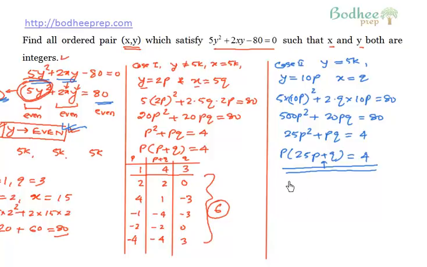Just for clarification, I am writing every value. If I take p here, the value of 25p plus q, and here the corresponding value of q. So if I take p as 1, then 25p plus q would be 4.